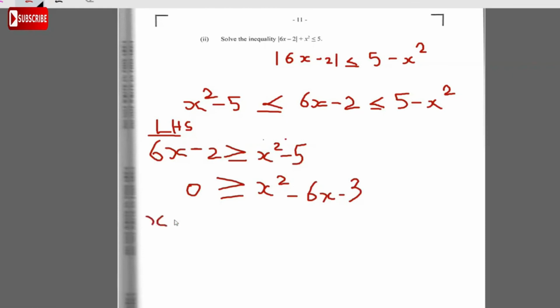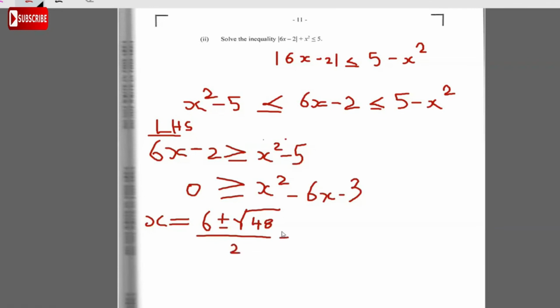Going to the quadratic formula, x would be equal to minus b, which is 6, plus or minus the square root of b squared minus 4ac, over 2a. That is the square root of 48 over 2.